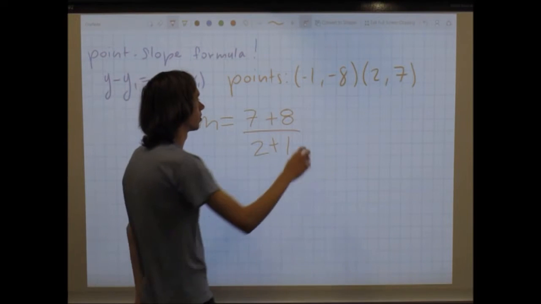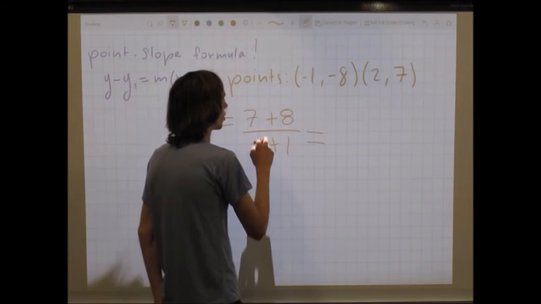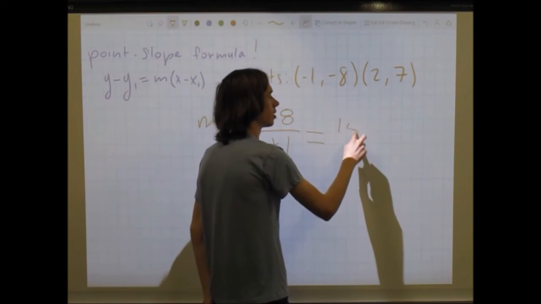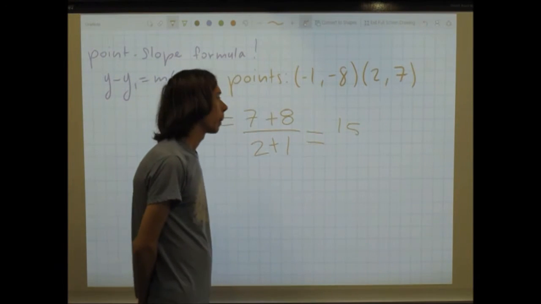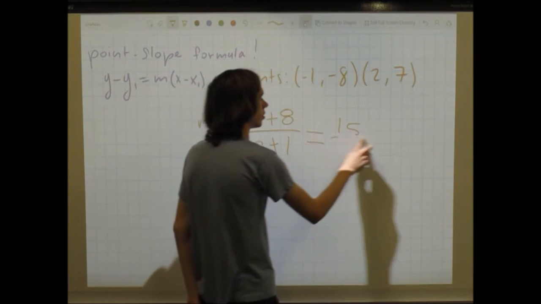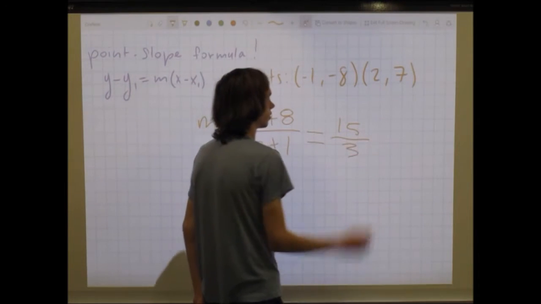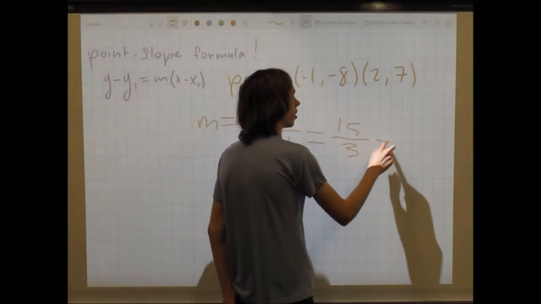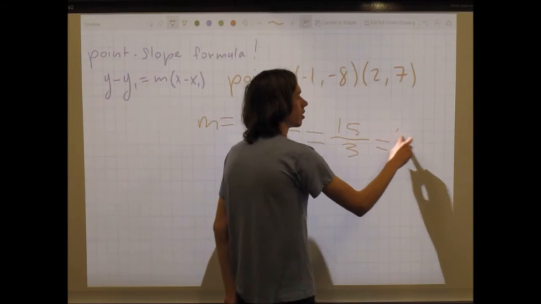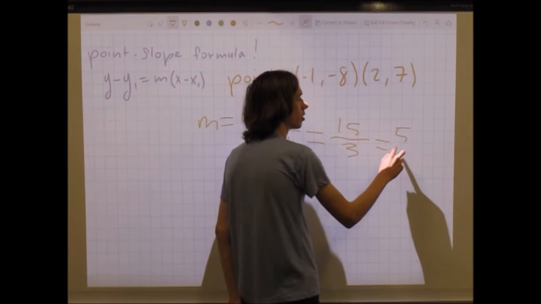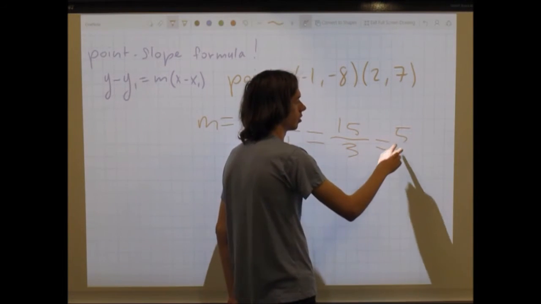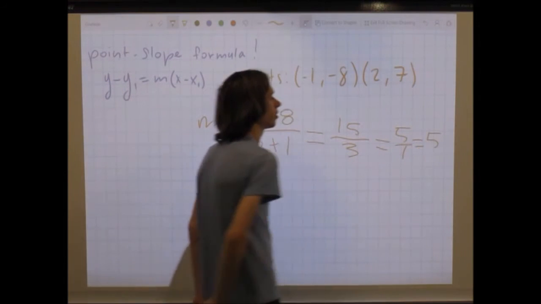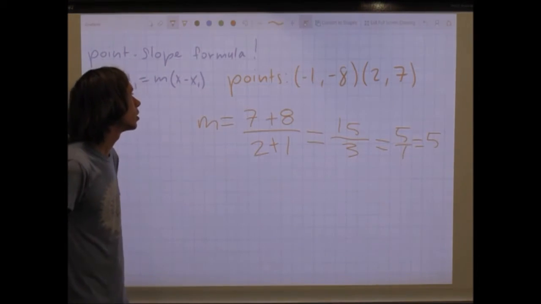So we're going to get 7 plus 8, which is 15, and then 2 plus 1 is 3. And then 15/3 simplifies, because 3 goes into 15 5 times, and 3 goes into 3 1 time, so it's 5/1, which is just 5. Okay, so we know our m equals 5.